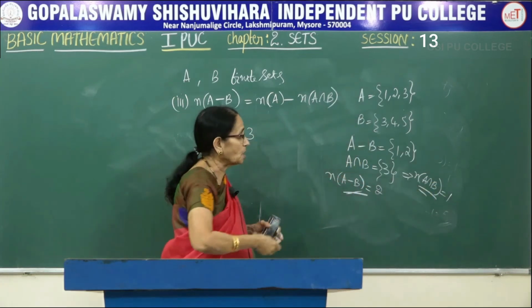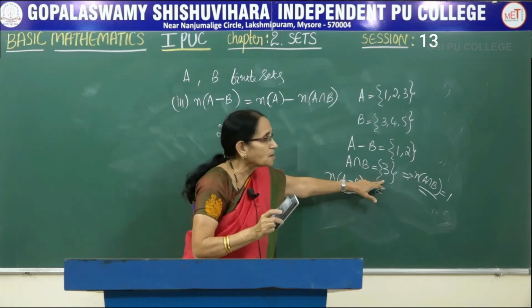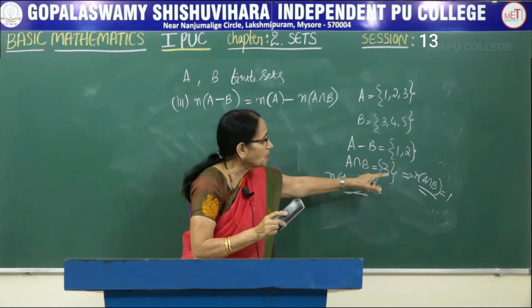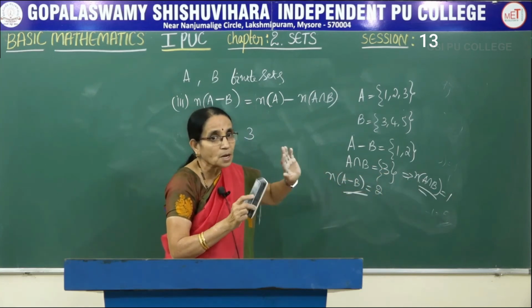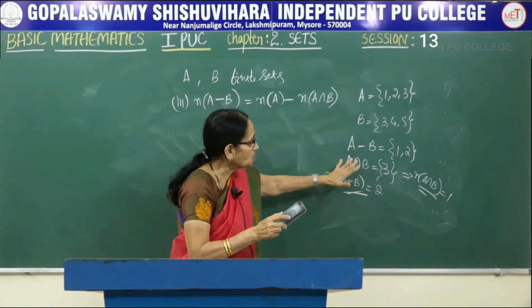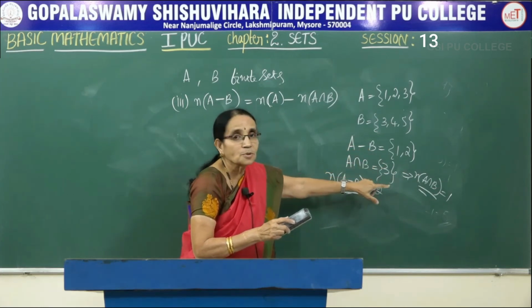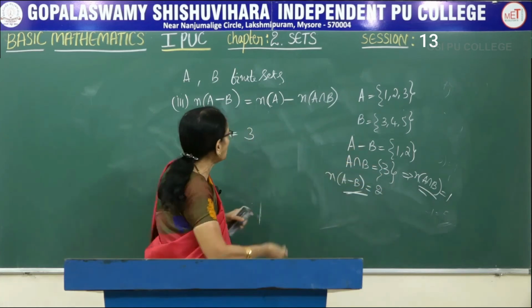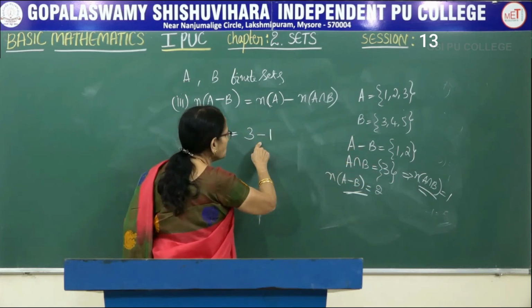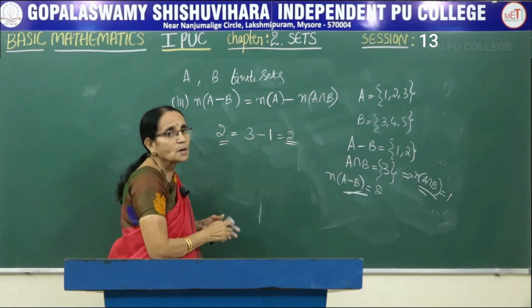Don't get confused here: A intersection B is a set and gives the exact elements, while N of A intersection B gives the number of elements in it. So A intersection B has only one element, and I can write 3 minus 1, which is 2. That means the left hand side equals the right hand side.